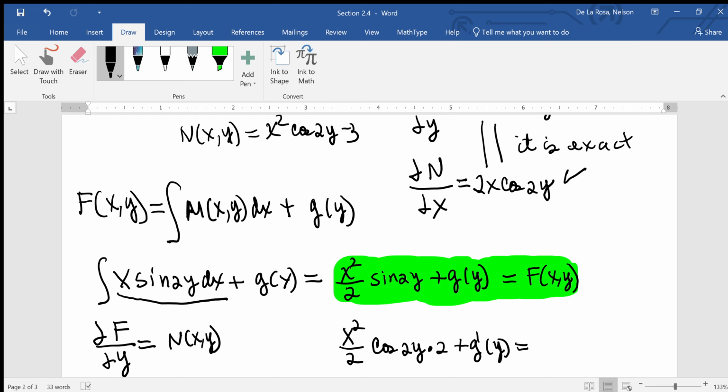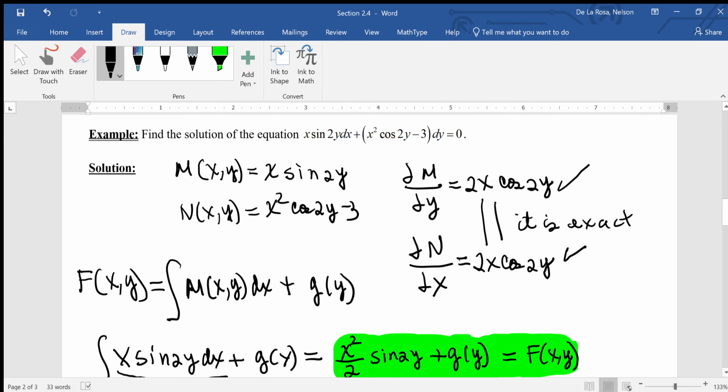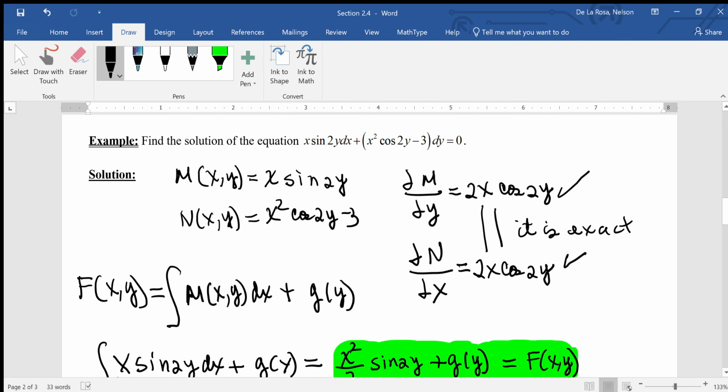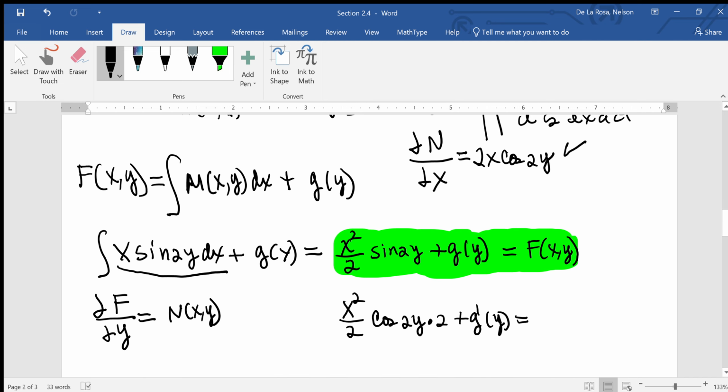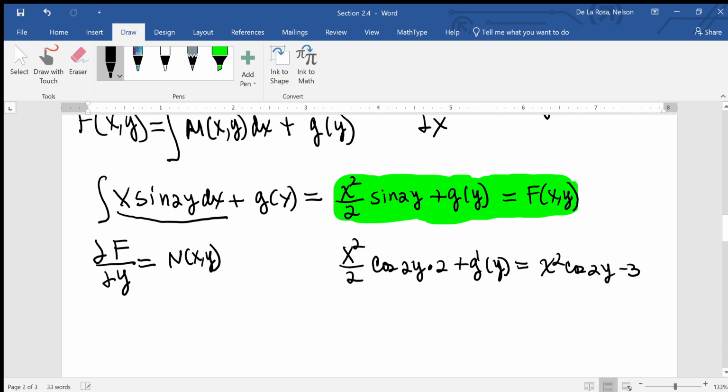And what is N of x comma y? N of x comma y is that expression given in the original equation that is multiplying dy, and that is x to the second cosine of 2y minus 3. So these two cancel these two.